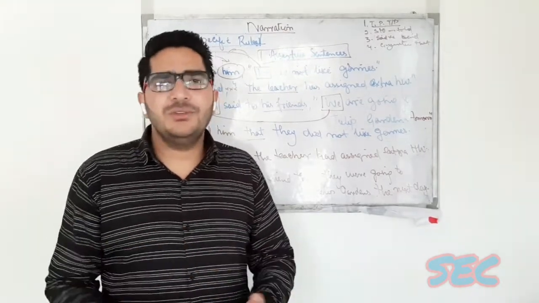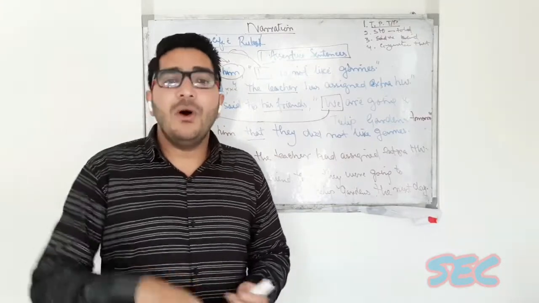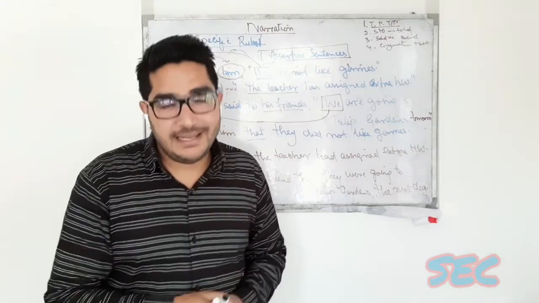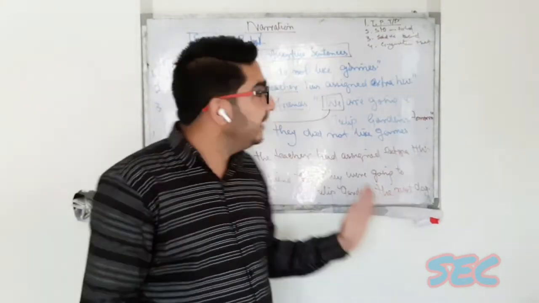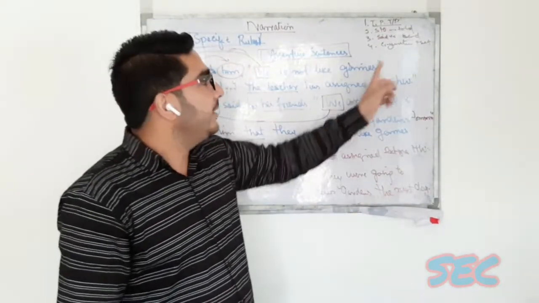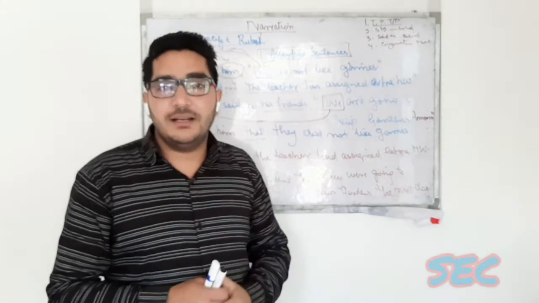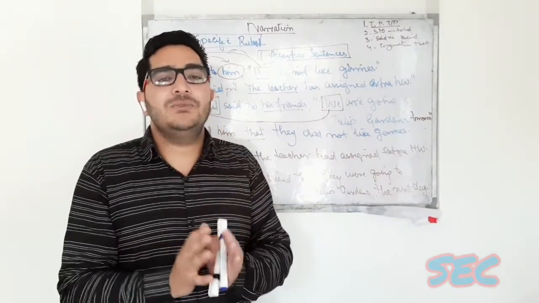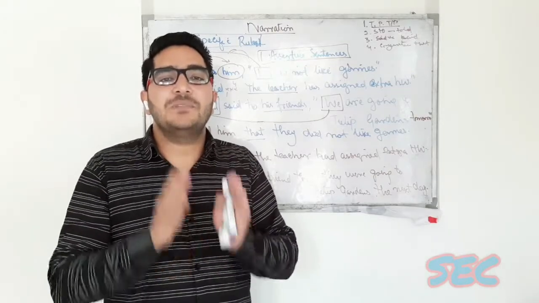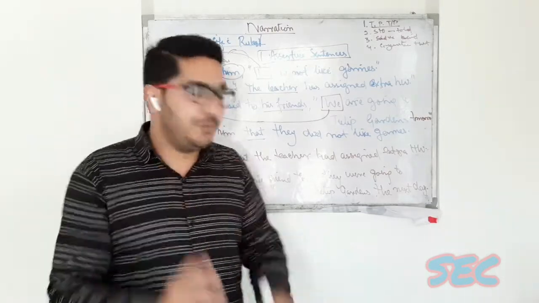That is not used in every kind of sentence, so that is counted as a specific rule. So we have some two or three specific rules in assertive sentences, and we follow them along with the general rules. This is how assertive sentences are changed from direct to indirect speech.